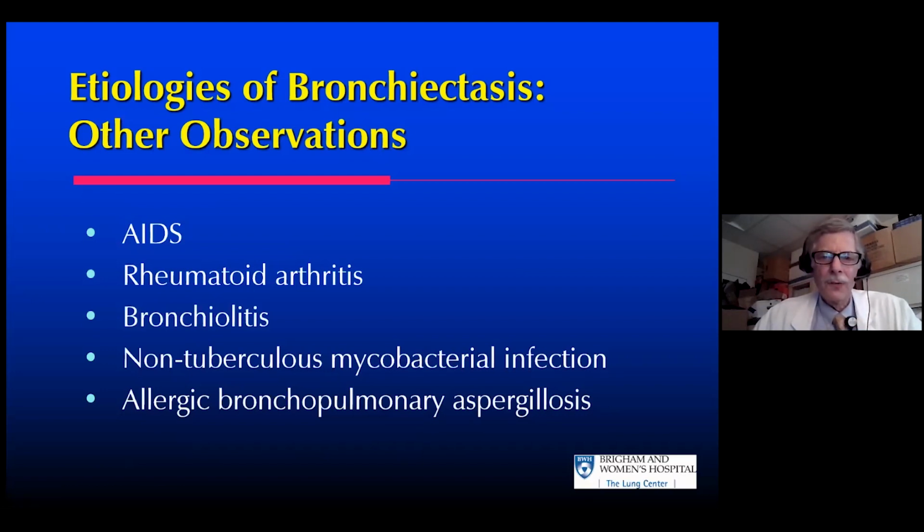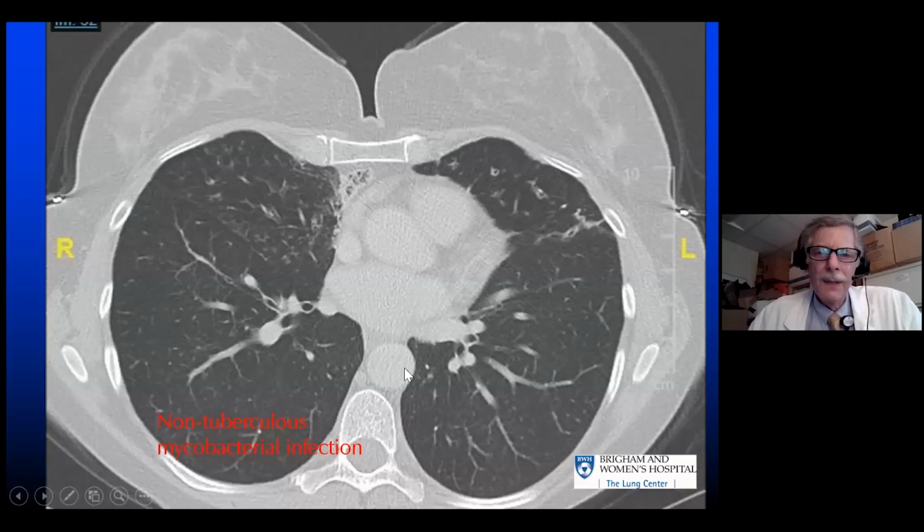Let's just look at the two images of first non-tuberculous mycobacterial infection, bronchiectasis. Typically middle lobe and lingula would be very common, dilated small airways, and tree in bud nodules, little tiny nodules surrounding small peripheral vessels.